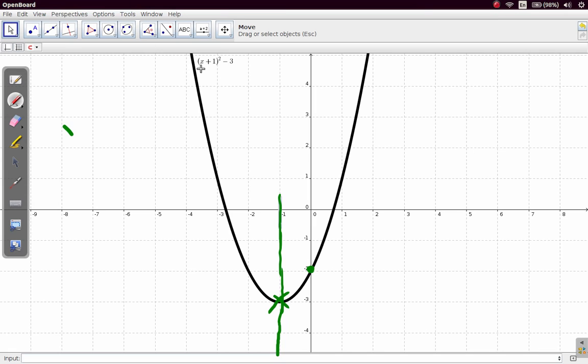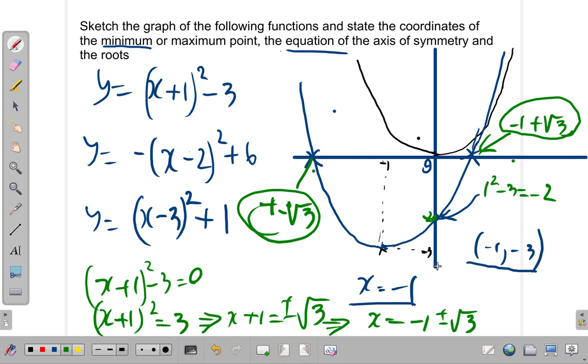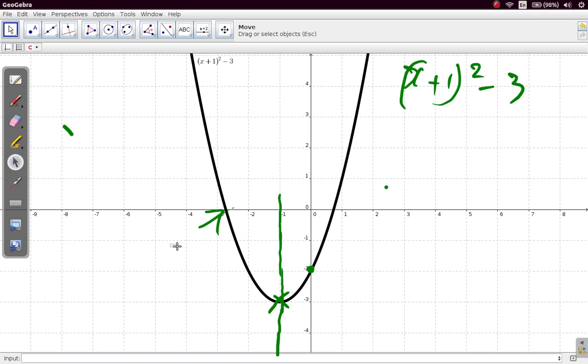And remember, this is x plus 1 squared minus 3. So it's a shifting of x squared, 1 unit to the left, 3 units down. As for the roots, what was it again? Negative 1 minus square root of 3, and then negative 1 plus square root of 3.